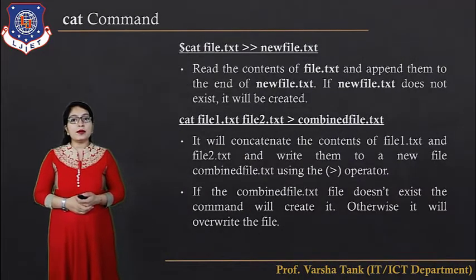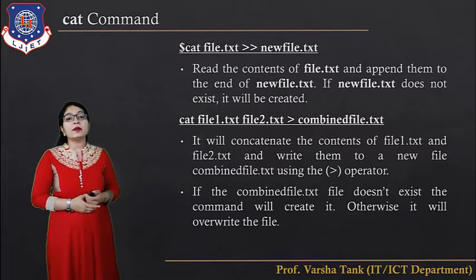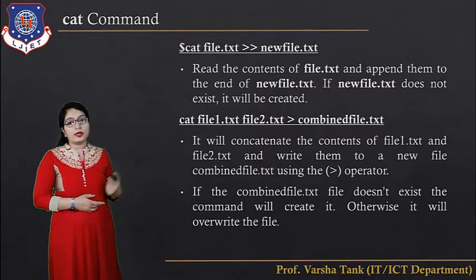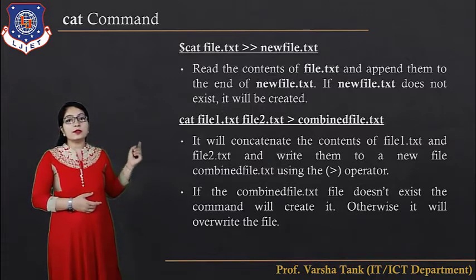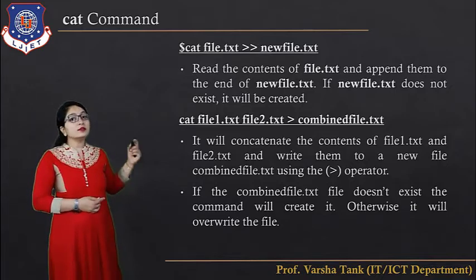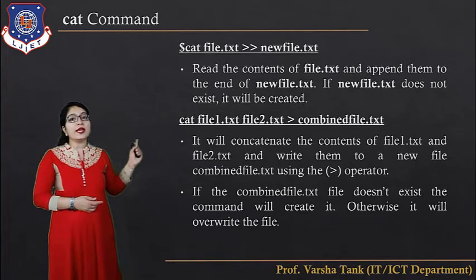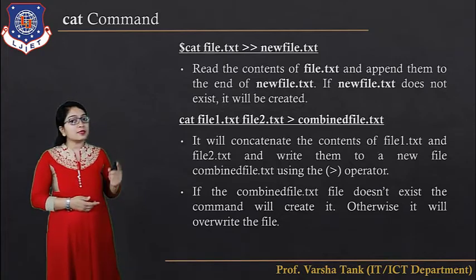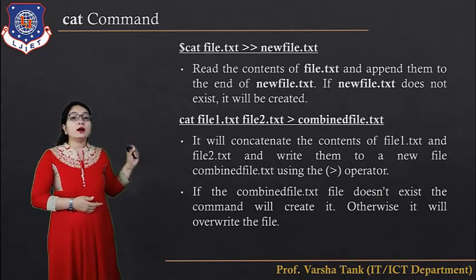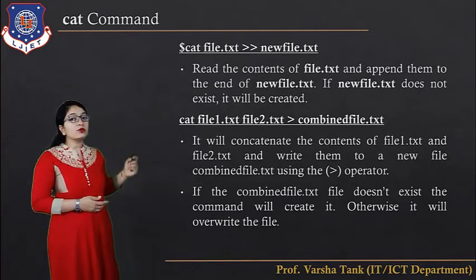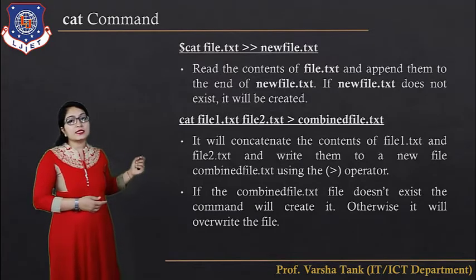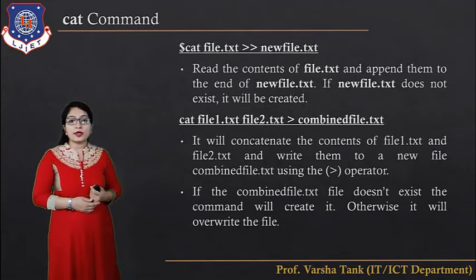The next example is cat file.txt double greater than sign newfile.txt. What is the difference between this and the previous one? It reads the content of file.txt and appends it to the end of newfile.txt, which means it will not overwrite, and if the file does not exist, it will create the file. The next one is cat file1.txt file2.txt greater than combined file.txt.